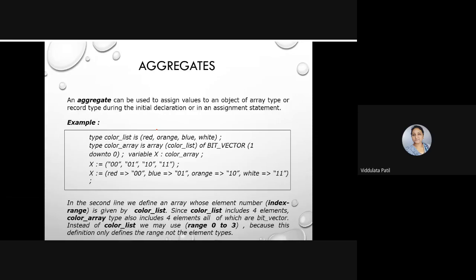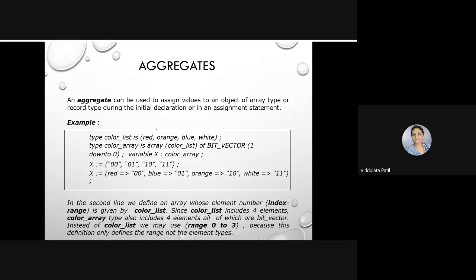In the second line, we defined an array whose element number, that is the index range, is given by color list. Since color list includes 4 elements, the color array type also includes 4 elements, all of which are bit vectors. Instead of color list, we may use a range 0 to 3, because this definition only defines the range, not the element type.